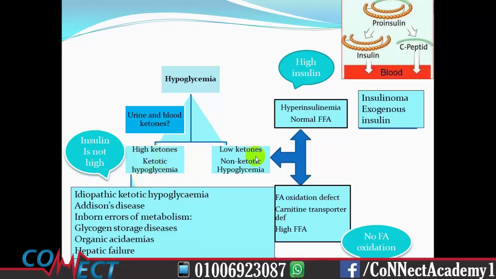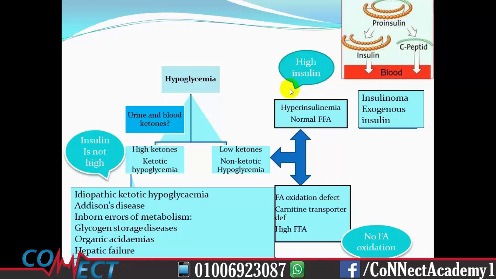If we did not find any ketones in the bloodstream, although the child is hypoglycemic, it means that we have finished the glycogen stores and now we cannot burn fat. We cannot go to the second step to burn fat. So the two options of this disorder are having high insulin.